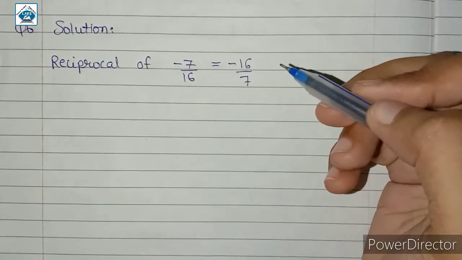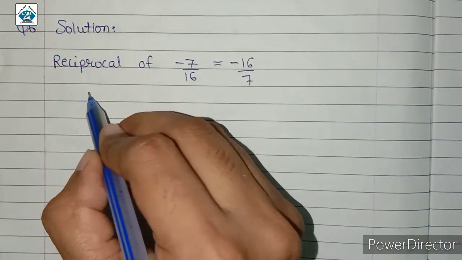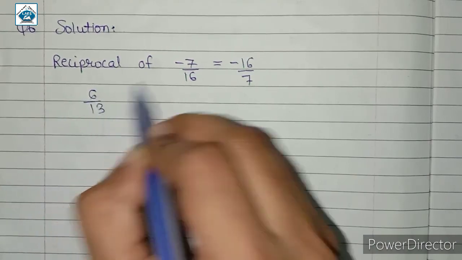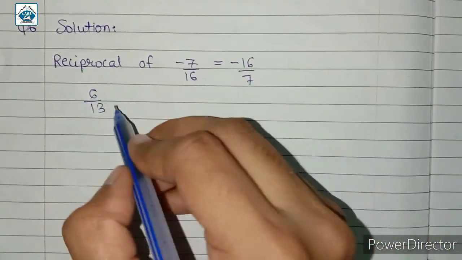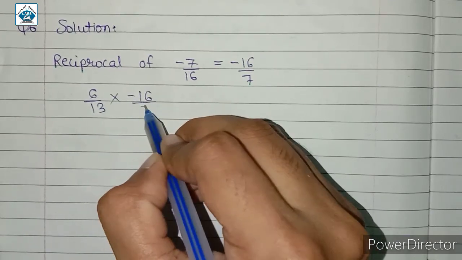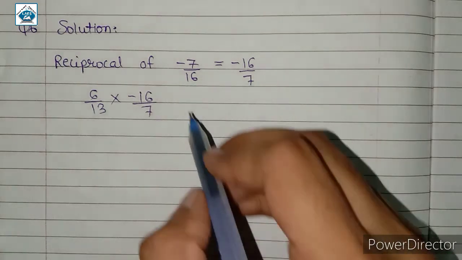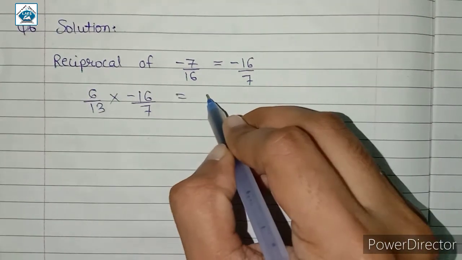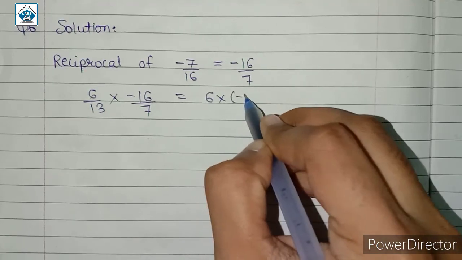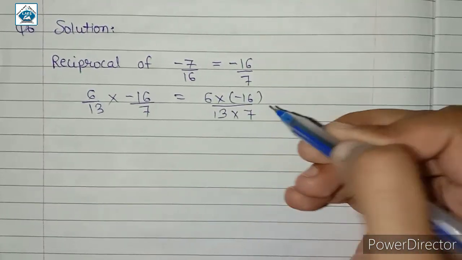We already know that the reciprocal of minus 7 by 16 is minus 16 upon 7. So as per the question, we are asked to multiply 6 by 13 with the reciprocal of minus 7 by 16. That is, we will multiply this with minus 16 upon 7. For that, simply this is equal to 6 multiplied with minus 16 and 13 multiplied with 7.